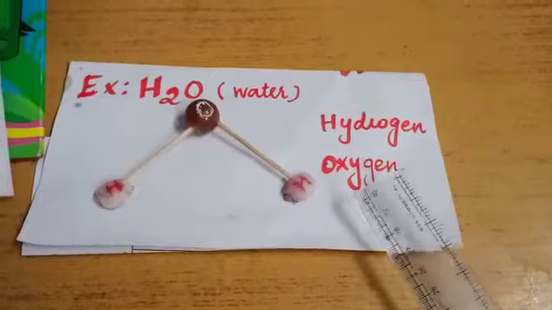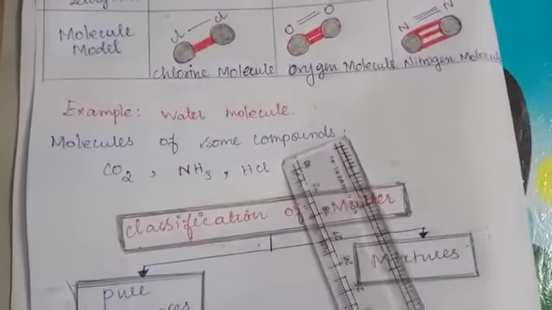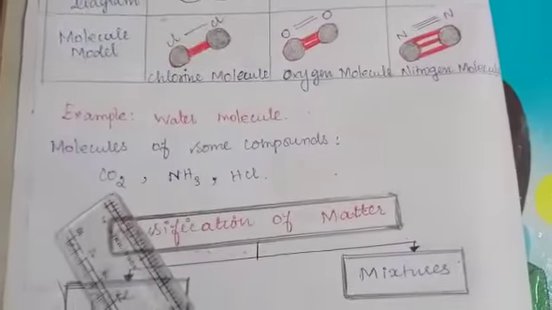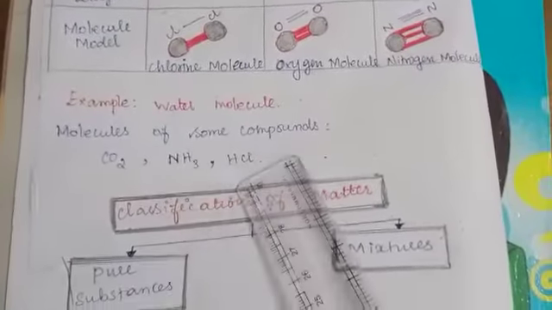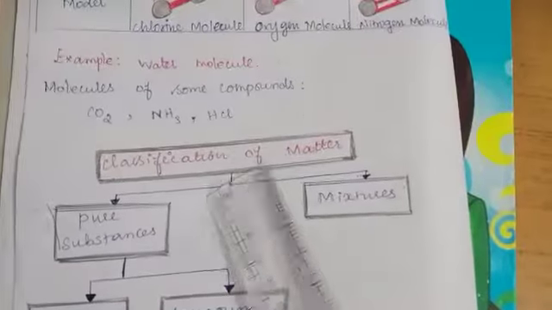The next is molecules of some compounds. Examples are carbon dioxide, ammonia and hydrogen chloride. See the next one, classification of matter.